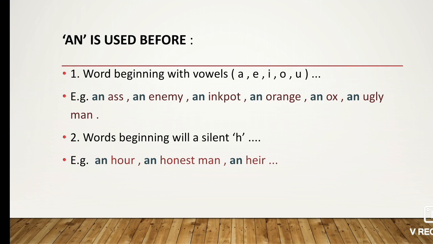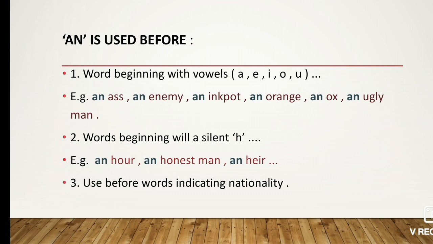Like this, an honest man. Before these words we can use the article an because the first letter H is silent.